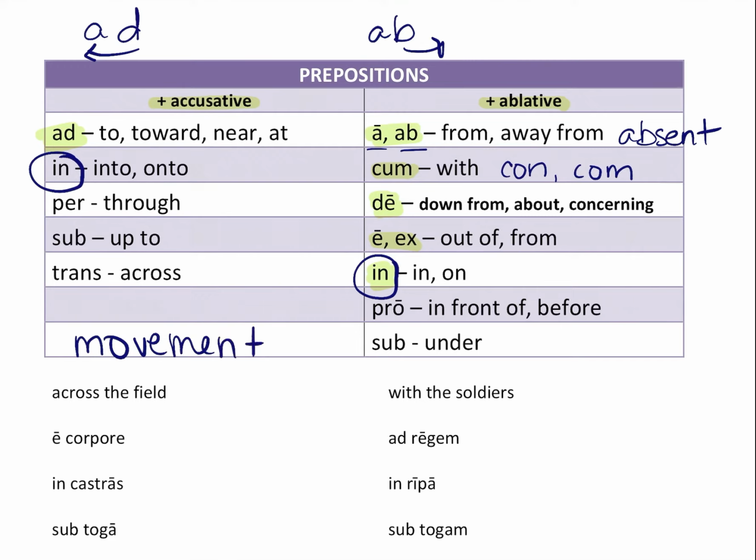To, toward, into, onto, through, up to, across. Those are all showing movement, and these are not much movement. If you're in something or on it, you're not really moving. You're just in or on it, right? If you're with something, not as much. So there is some movement in ablative, so it's not a rule, but it will help you remember if you use accusative or ablative when you see that preposition in.